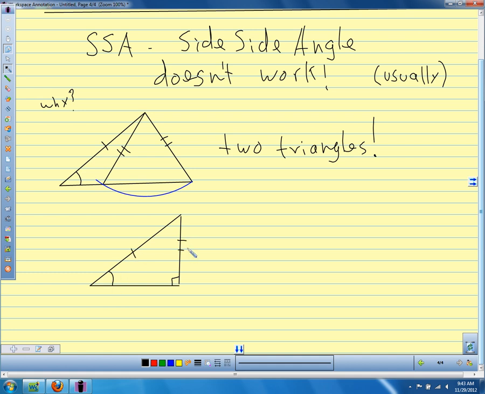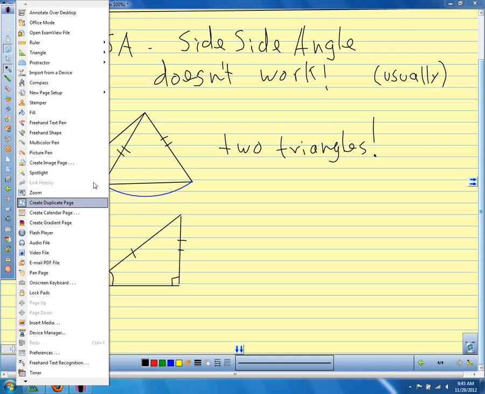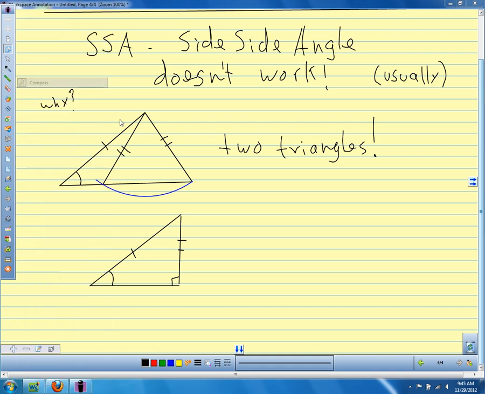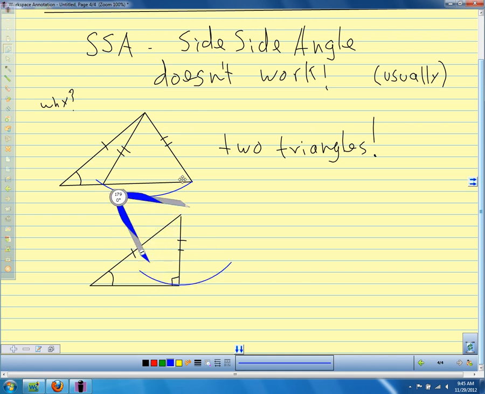So I'm going to try to do the same thing that I just did with my compass. Grab the compass again, set it on that side, swing it down so it's open the exact length of that side. And look what happens now when I try to swing it around and connect to the other side. It won't connect anywhere else.